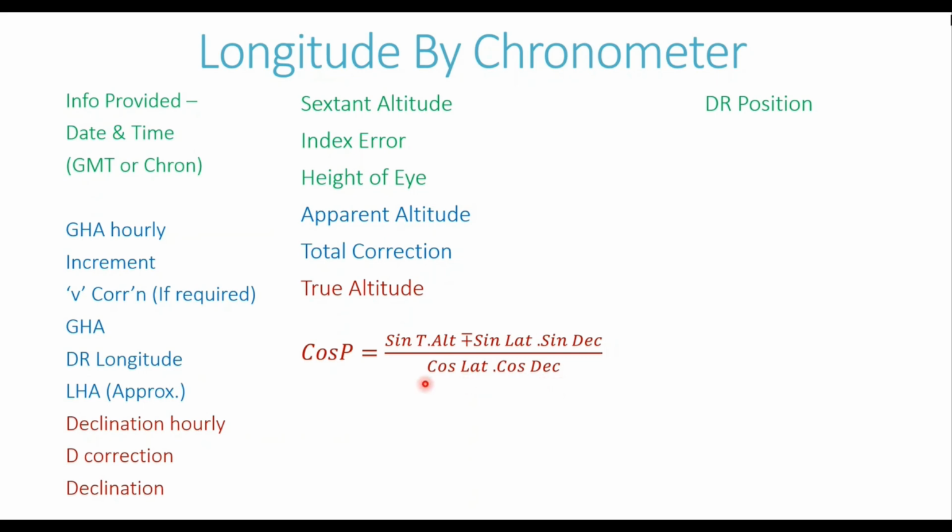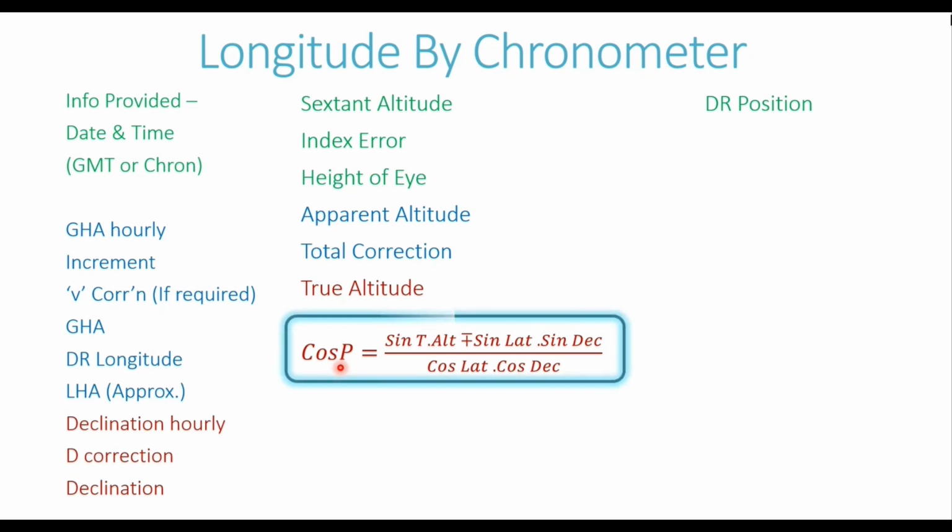So you can see in this formula, all the terms on the right hand side are known to us. With all these terms known, we put them into the formula, and with a single step calculation in the scientific calculator, we will be able to obtain the value of P.